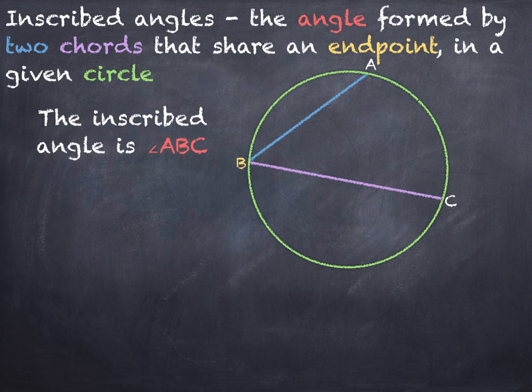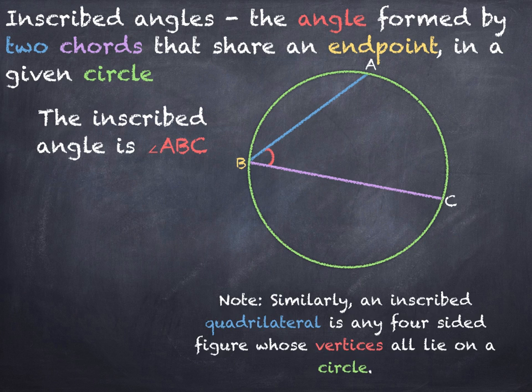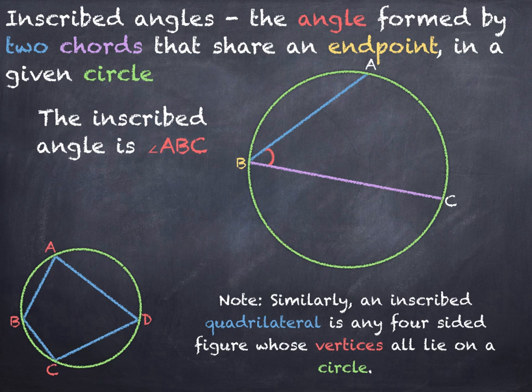The inscribed angle is angle ABC. You also need to note that similarly, an inscribed quadrilateral is any four-sided figure whose vertices all lie on a circle. So with our circle, the inscribed quadrilateral will be quadrilateral ABCD.